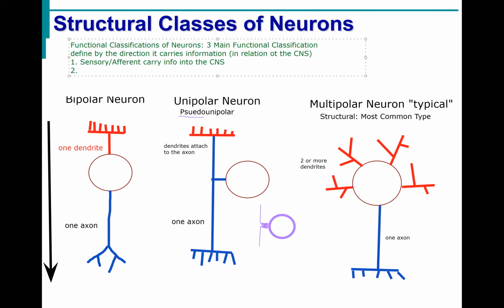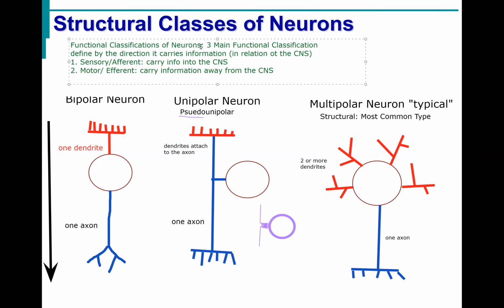Our second is motor, or what we called efferent, and as we talked about, they carry information away from the central nervous system. So what does that leave us with?